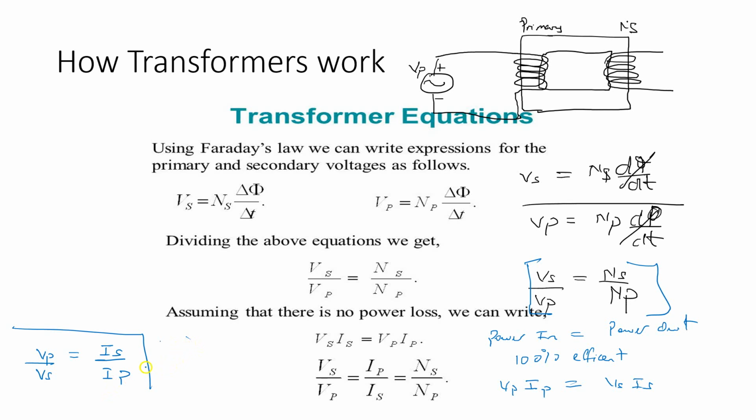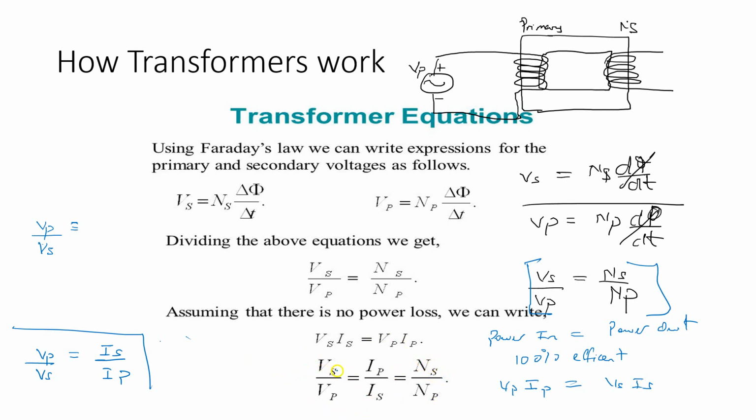If you know that VP divided by VS is equal to IS upon IP, we could do a little bit of work right here to show you that all of this is equal to the same thing.